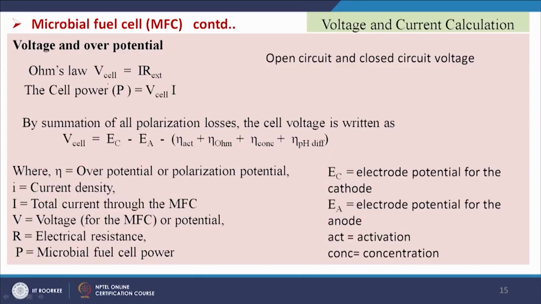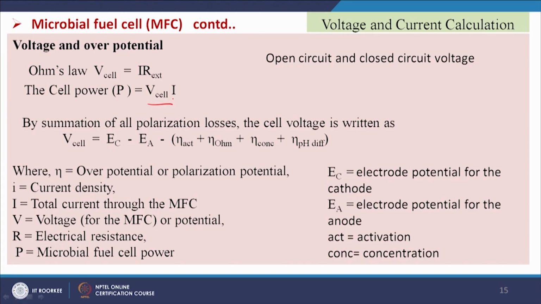Then voltage and overpotential, how we can calculate. Ohm's law tells that V cell is equal to I into R cell, that is V equal to I R, and the cell power P equal to V into I, that we know very well. And we know that there are open circuit and closed circuit voltages.